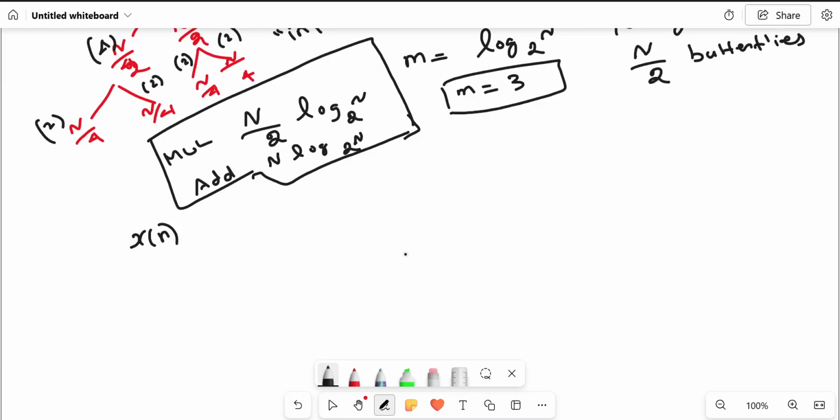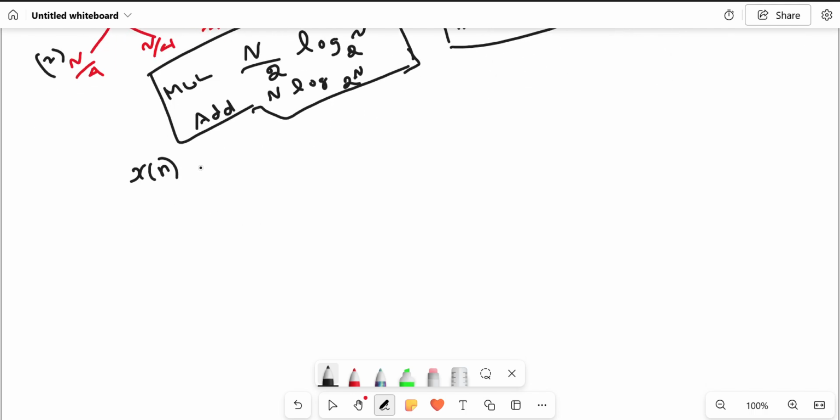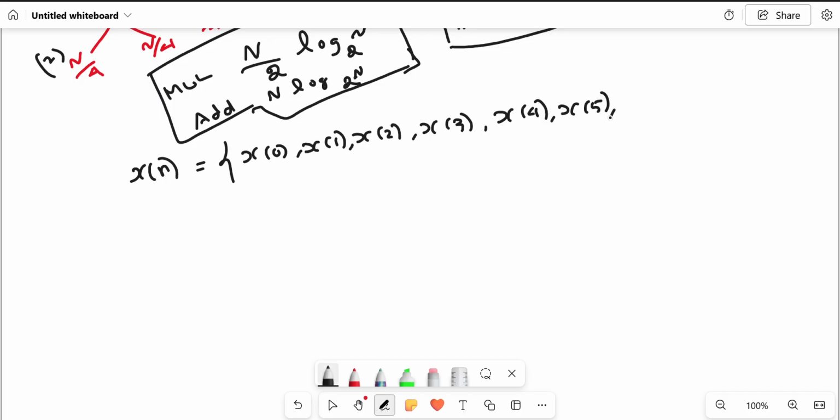And also the x of n, the sequence, how the sequences are derived. So x of n is equal to x of 0, x of 1, x of 2, x of 3, x of 4, x of 5, x of 6, x of 7. So n is equal to 8-point sequence.